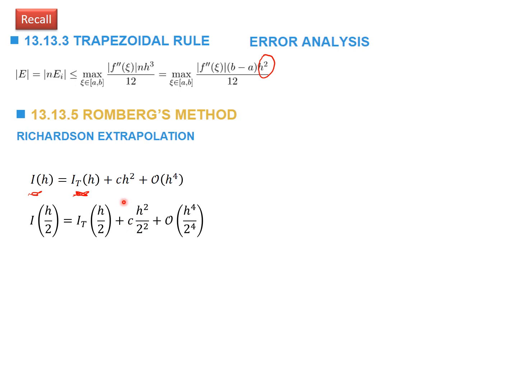Now, I'd like to get rid of this constant c. To get rid of it, I will multiply the second equation by 4 and then subtract the first and the second equation.